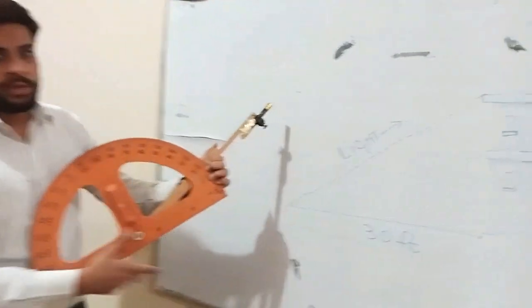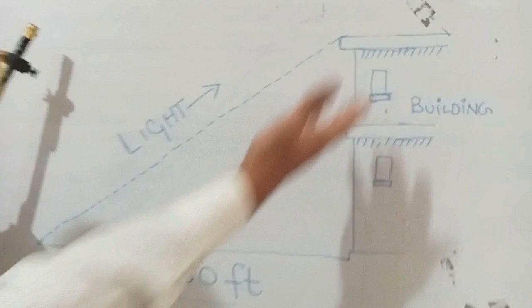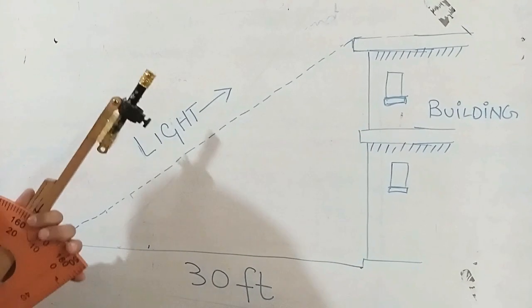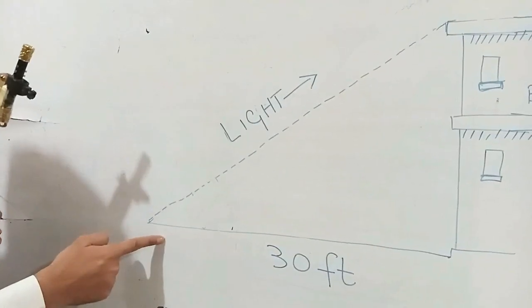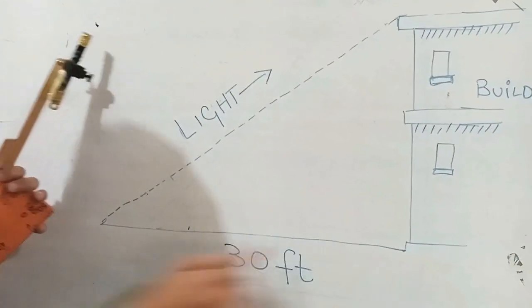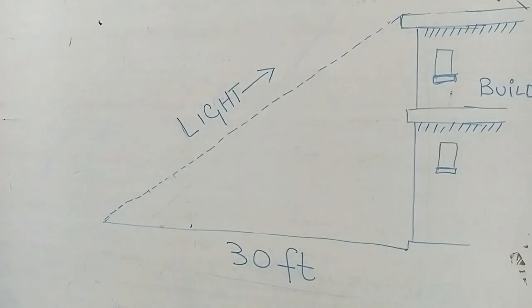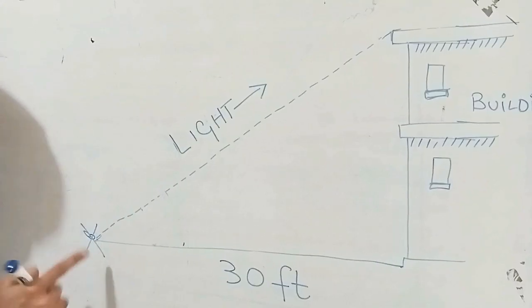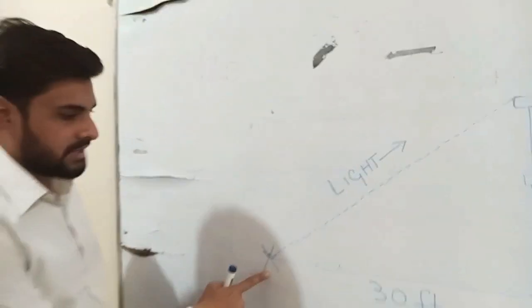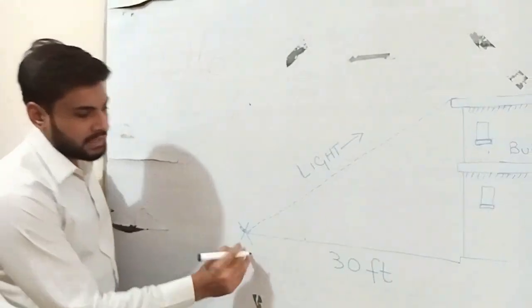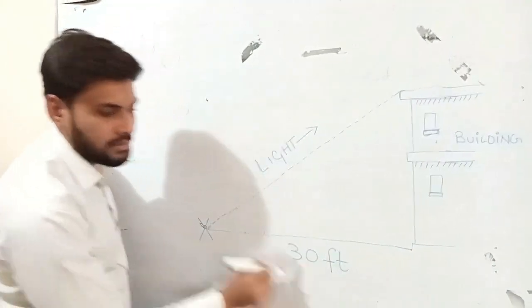If you look at this board, this is our school building, and we want to find the height of this building. We can easily measure the distance from the building to where we have placed the device. We know that the distance between the device and the wall is 30 feet.